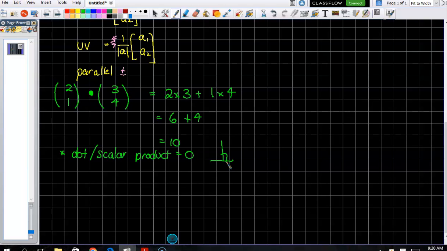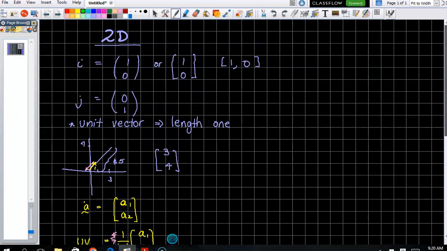Now, you might be going, why are we doing all this? Well, in a moment, you're about to do most of the things that we did last year, but instead of X and Y, we've now got Z. X, Y, and Z. And by the way, we've still got i as our unit vector, but instead of being (1, 0), what would it be? (1, 0, 0).